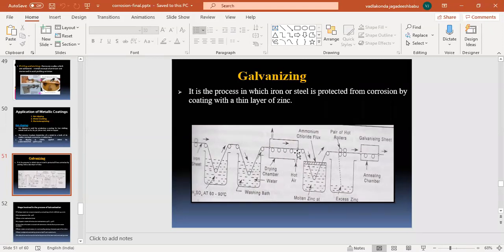Then it is dried by passing through the drying chamber. Then it is passed into the molten zinc bath, which has ammonium chloride flux. Then it is passed through a pair of hot rollers so that excess zinc is removed, and further it is moved through the annealing chamber.